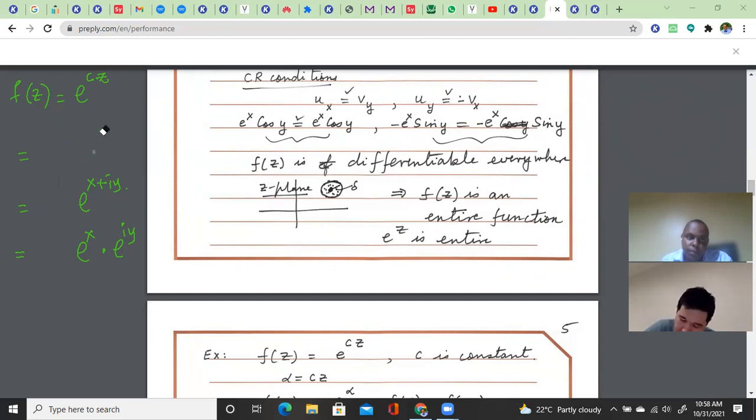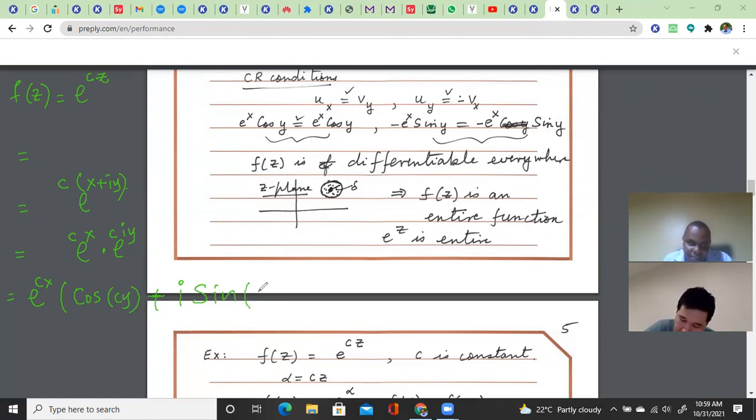But this is correct, x plus iy. So e^(cx) times e^(ciy). And we can use this French guy's formula. Euler's formula, you said, right?